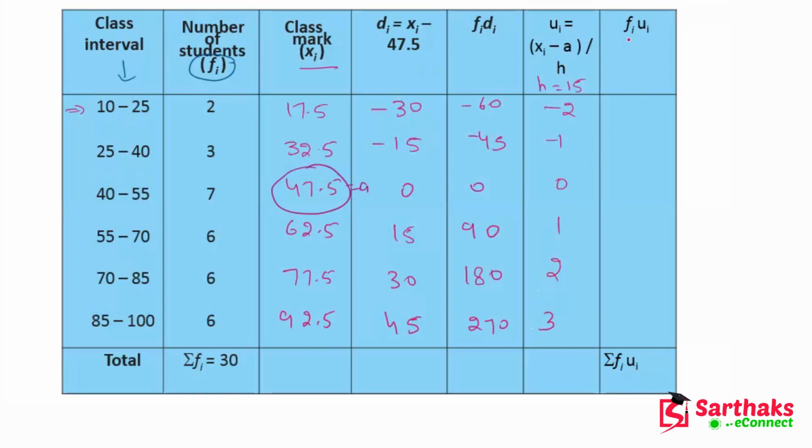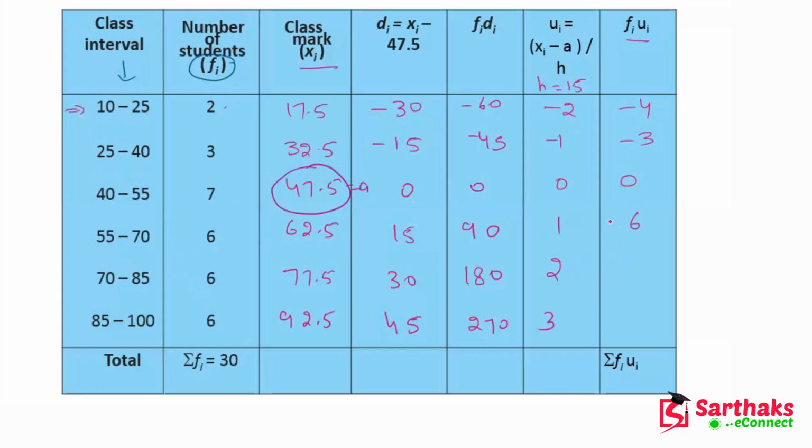Now we have to find fi ui, meaning we have to multiply f1 into u1, f2 into u2, f3 into u3. So this will become 2 into minus 2, this is minus 4. 3 into minus 1, this is minus 3. 7 into 0, this is 0. 6 into 1, this is 6.